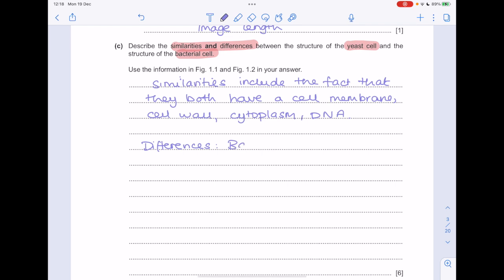Really lay it out. The bacteria cell has plasmids, nucleoid, a cell wall made from peptidoglycan.